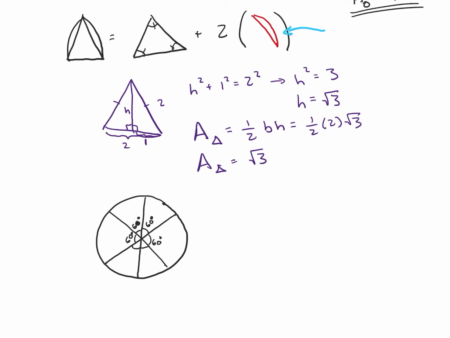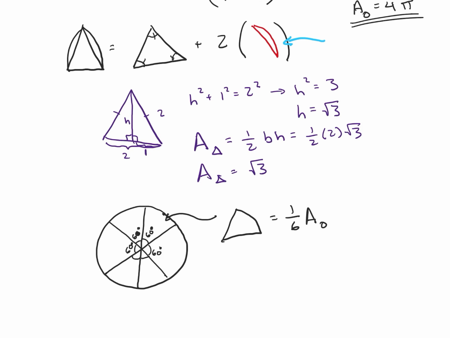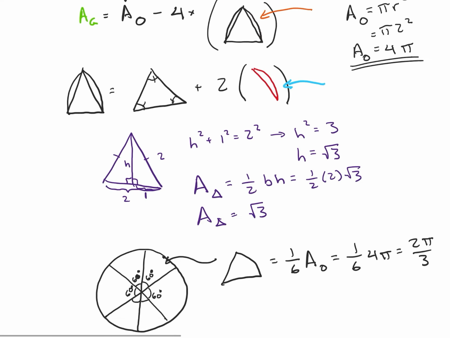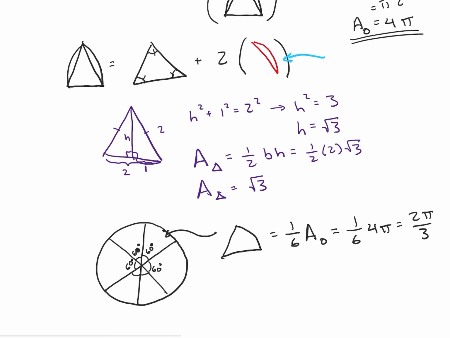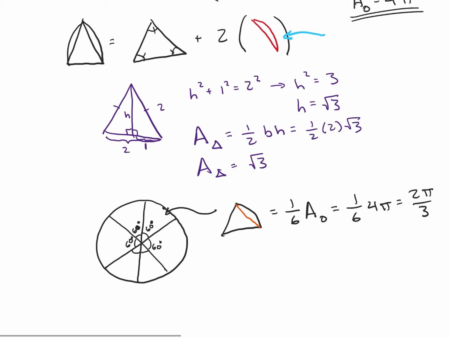Okay, so that means that each individual pizza slice is going to be 1/6 of the area of my whole circle, which I already know, so 1/6 of 4 pi, which is going to be 2 pi over 3. And then this pizza slice, what do I notice about the pizza slice?